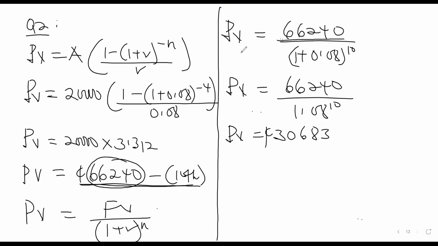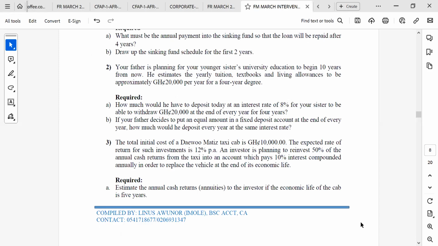All right, so what is the B part saying? Sir, 20,000 times 3.312 should be 66,242.54. It wouldn't be that.